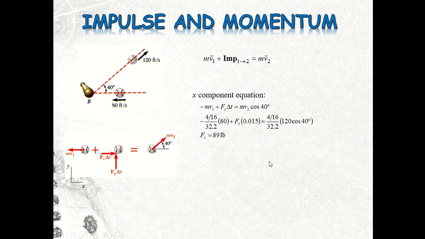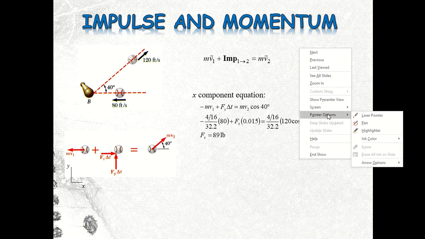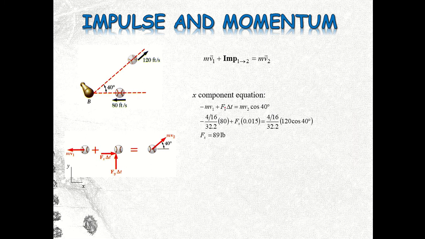Then for this part here, we have to use the conversion: 1 pound is equal to 16 ounces.